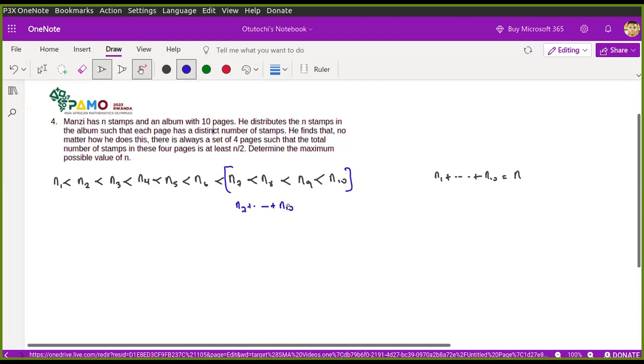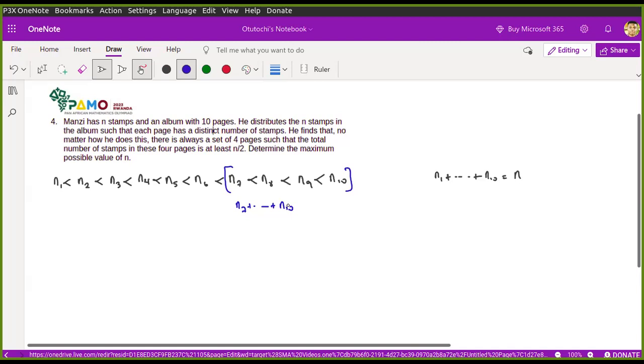Now, if for any particular distribution the sum n7 up to n10 is not greater than or equal to n over 2, then you know that there's no set of 4 pages, because that's the biggest. So if the biggest is not greater than or equal to n over 2, then there's no other set of 4 pages that will give you something greater than or equal to n over 2. But if it is, then you already have your set of 4 pages and you're cool. So considering this is enough.